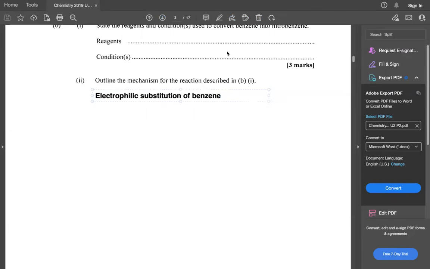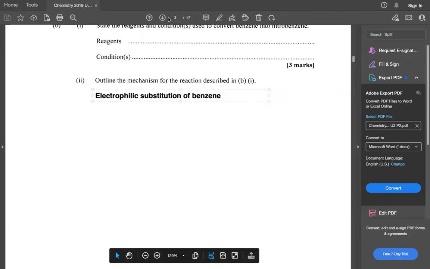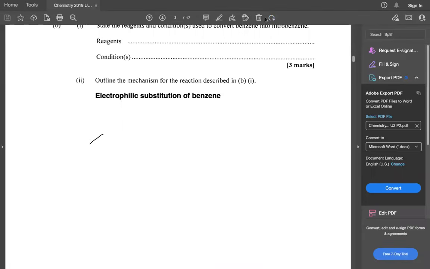So let's just start by drawing our benzene ring again. That's our starting point, right? So here's my benzene ring. Again, conjugated bonds. So let me just show those conjugated bonds. And the reagents that we used were, let's write those again.